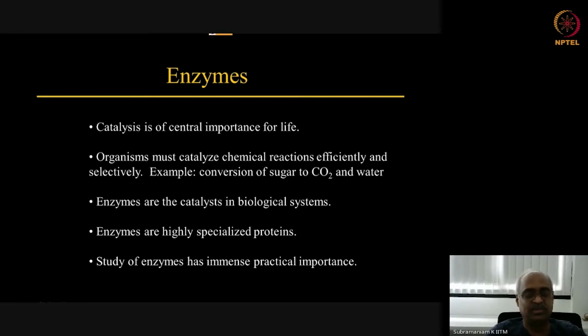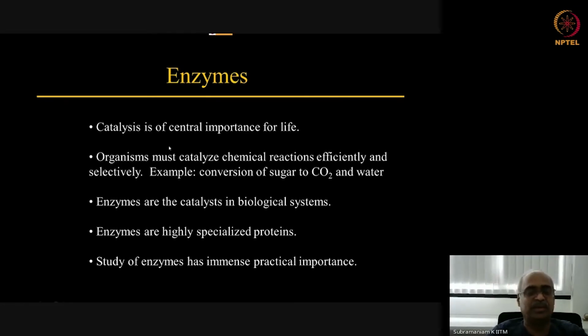You can eat starch and obtain glucose from it, but not by eating cellulose, although both are polymers of glucose. One has an alpha linkage and another one has beta linkage, and we do not have the enzyme that cleaves the beta linkage. Okay, so they are very specific.